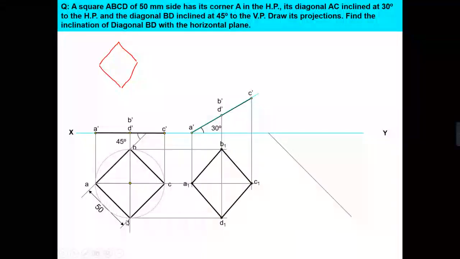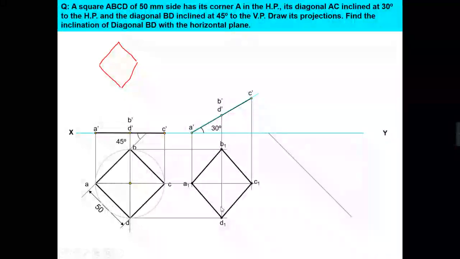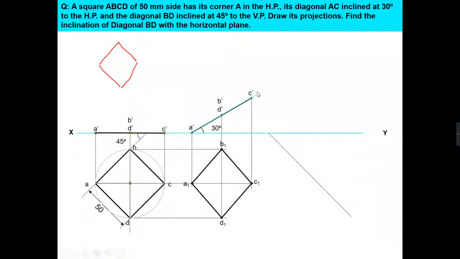So I will draw a line at 45 degrees, and I can mark this diagonal on this line. As we can see here, the diagonal BD has the same size after it is inclined at 30 degrees with the HP. Its length is not changed.